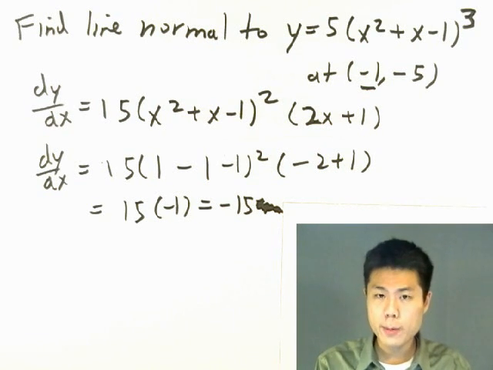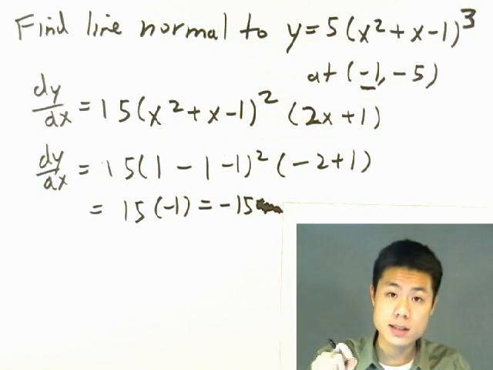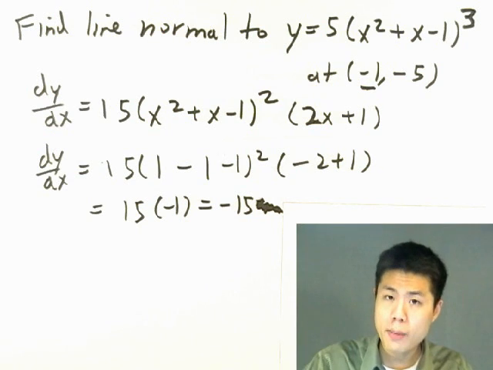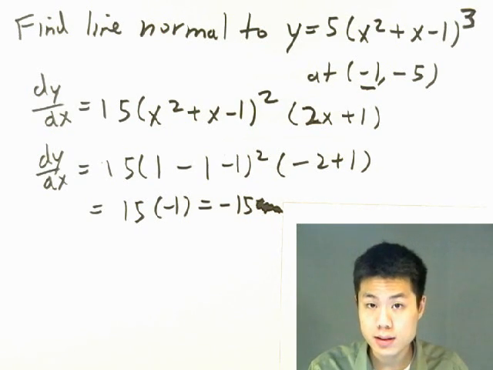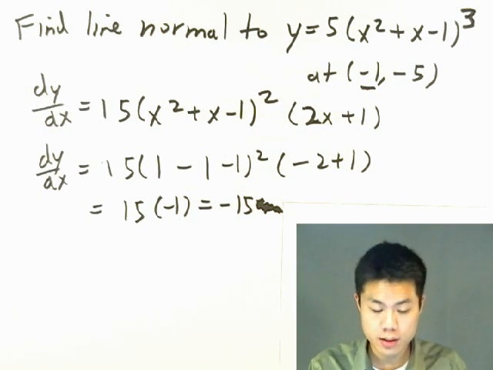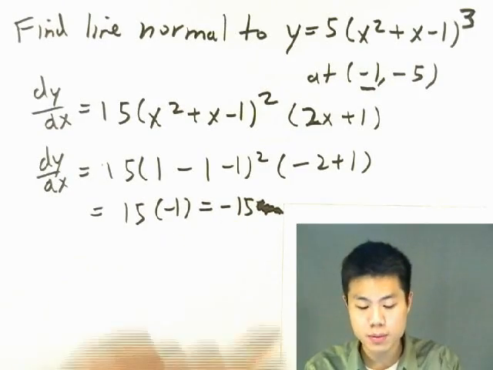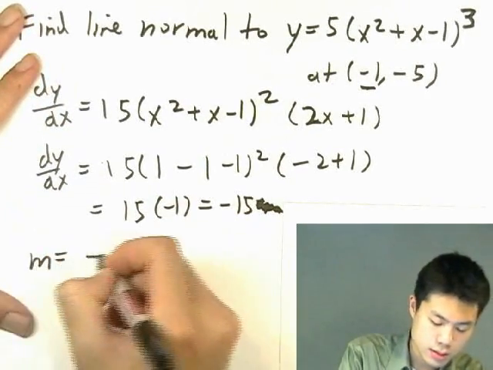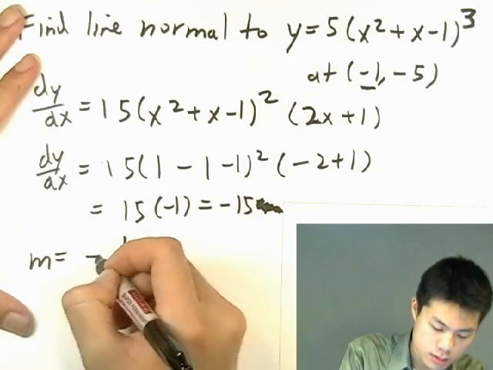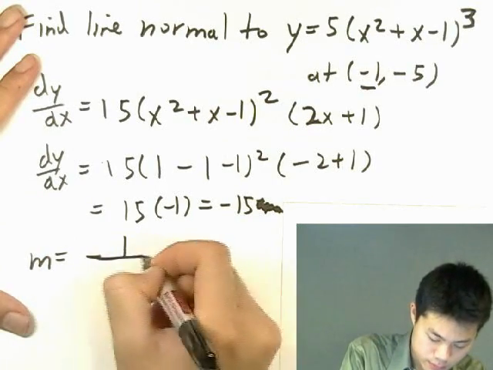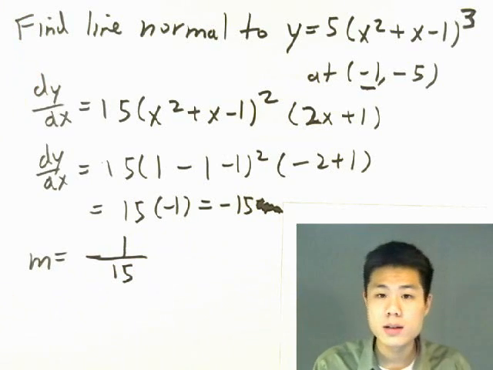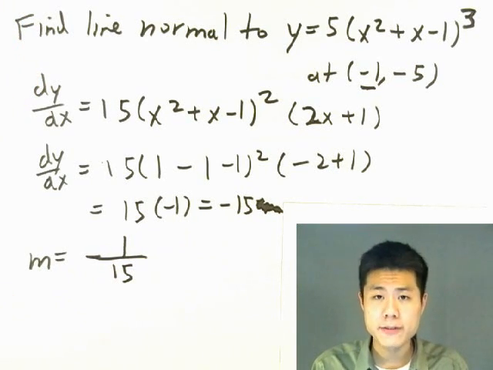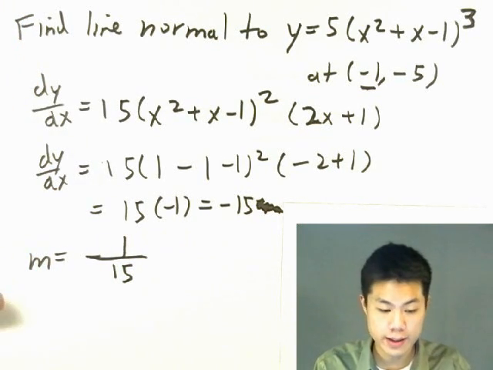But do we want the slope of the tangent line? No. We want the slope of the normal line, which is a negative reciprocal of this number here. The negative reciprocal of negative 15 is 1 over 15.